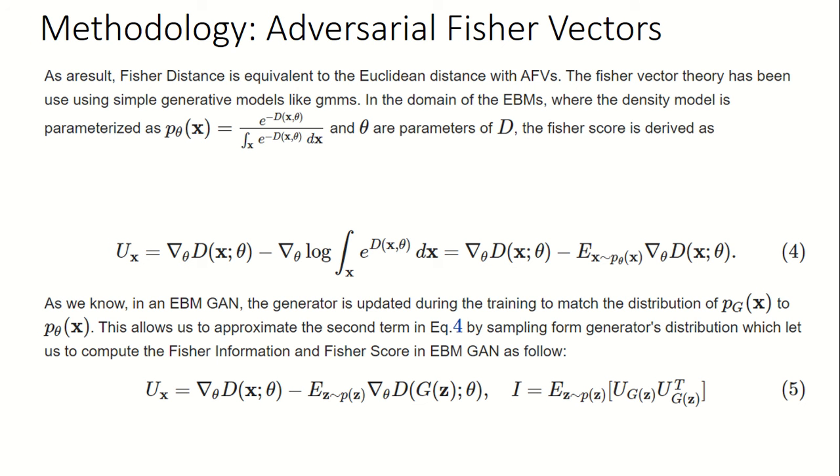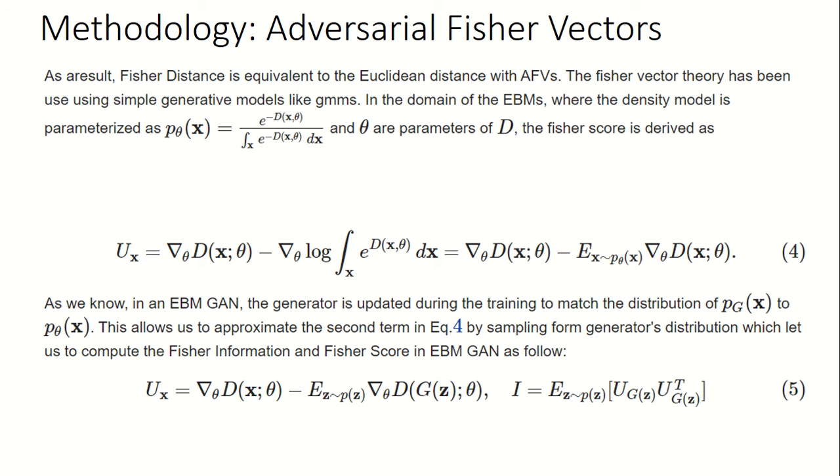But as we know, in an energy-based GAN, the generator is updated during training to match the distribution PG to P theta. So this allows us to approximate the second term in equation 4 by sampling from this distribution, which lets us compute the Fisher information and Fisher score in an energy-based view of GAN.